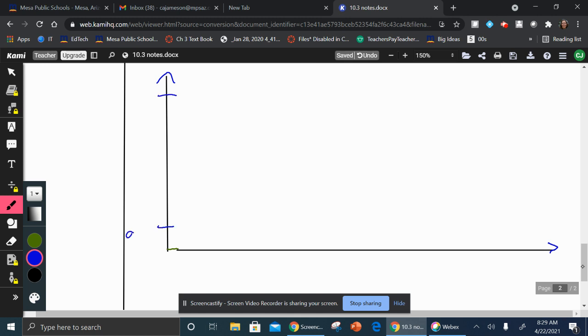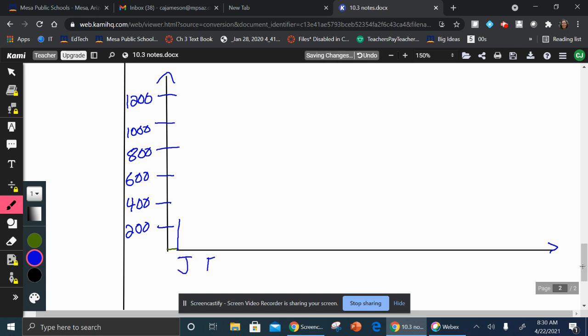So 200, 400, 600, 800, 1,000, 1,200. Okay, so we just put it on a bar graph.